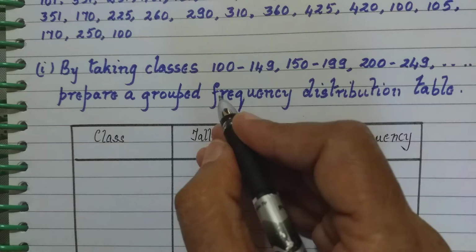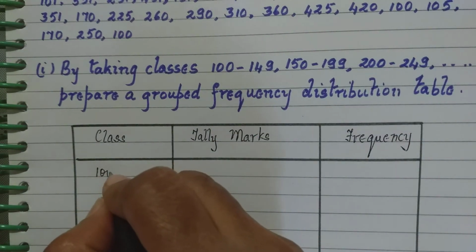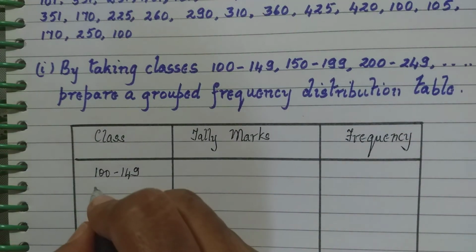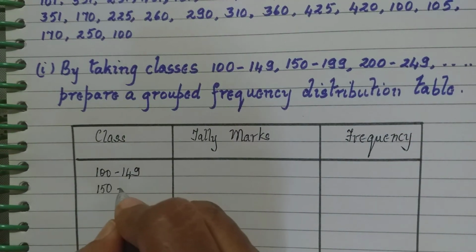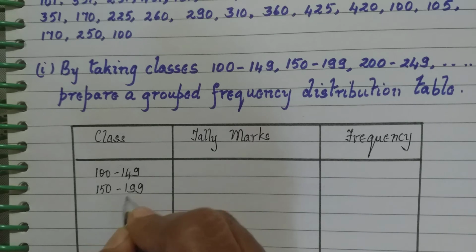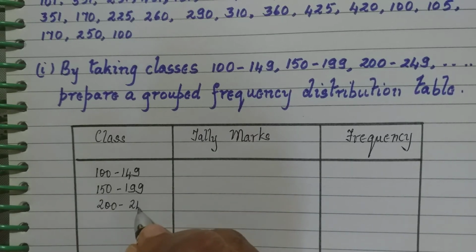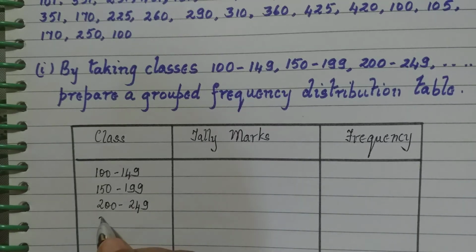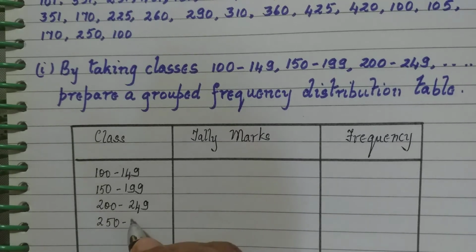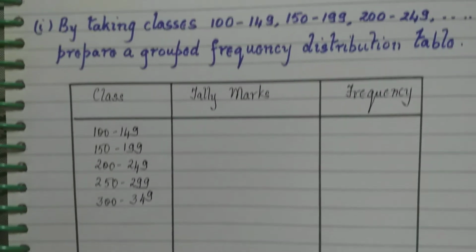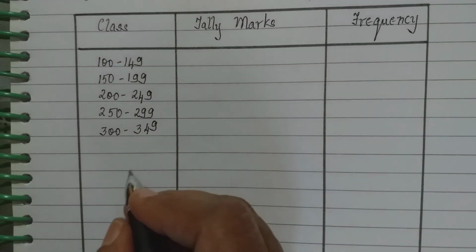First class given is 100 to 149. Next class 150 to 199. So the next class will be 200 to 249. Next will be 250 to 299. Next will be 300 to 349. We go further. I said we have to go right up till 500 class.